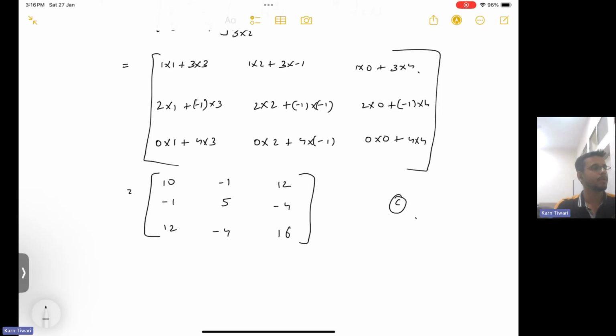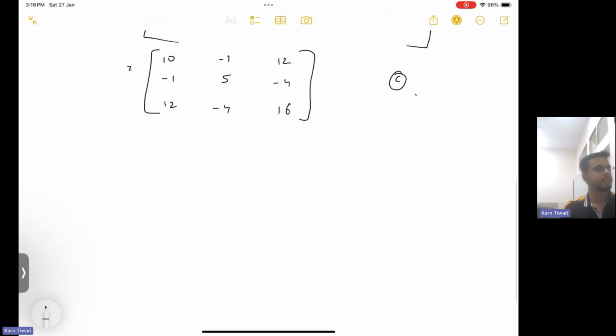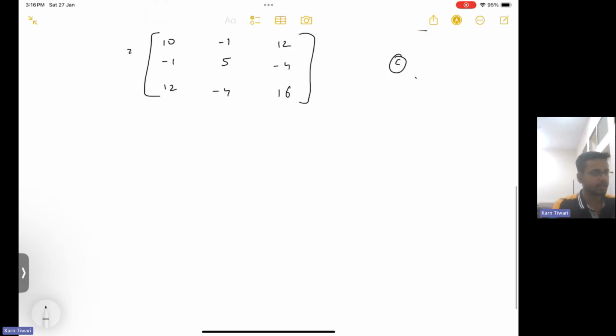Okay, so let's move on to the next question. It's pretty much an easy question. If you're familiar with the concept of polynomial, how you substitute the value in that and get the point value, then here you need to do the same thing but with the matrix.